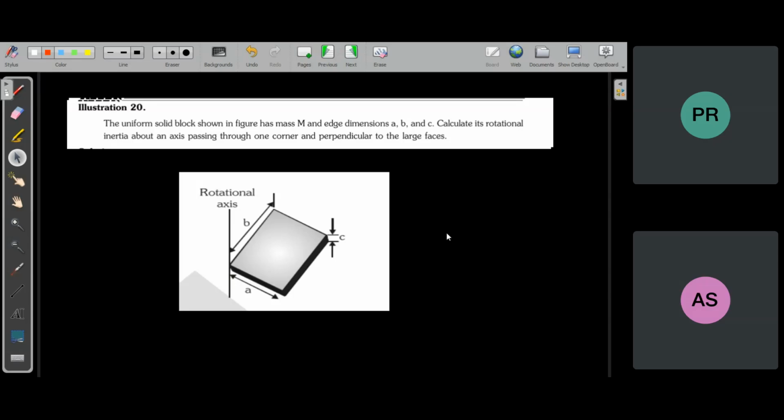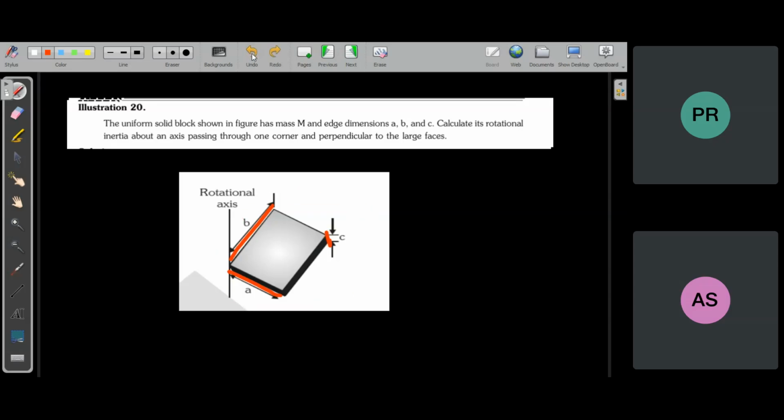Yes, sir. So here you can imagine it like a book. Book having some length, having some width, having some thickness. This is a book. And the book is kept horizontal. That you have to understand.